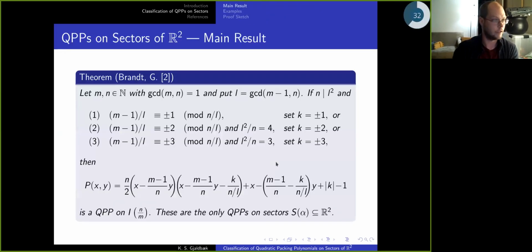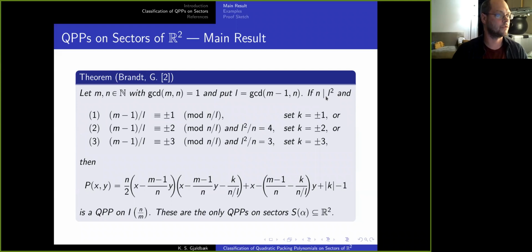And this is the main result of that article. So if we have a rational sector given by n and m coprime, you put L to be the greatest common divisor of m-1 and n.